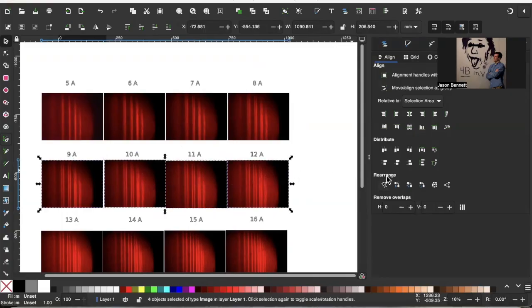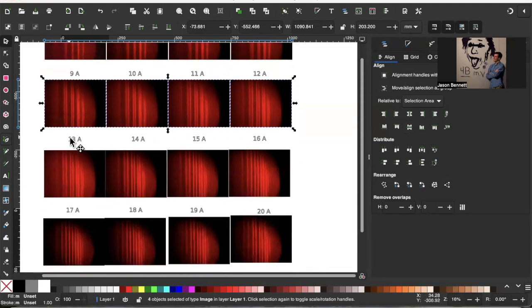Then I can drag them all as one object. I could also use the group features up here to make them all one thing, but this is totally sufficient. Group them out so there's a little bit of a gap in between them and align them. Shift click, center them, space them apart.